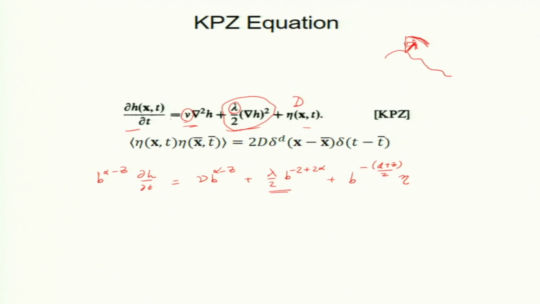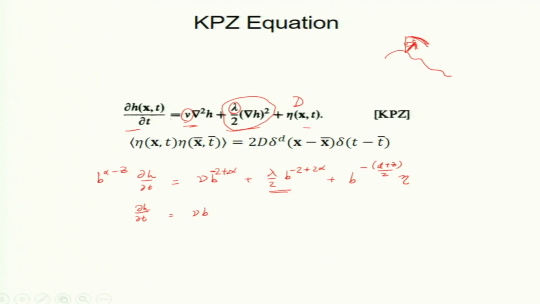So if I keep nu and lambda the same, not change them, then what do I get? Nu b to the power, sorry, this is 2 minus z, not alpha minus z, 2 minus z. Grad will give me minus 2, and h is alpha.